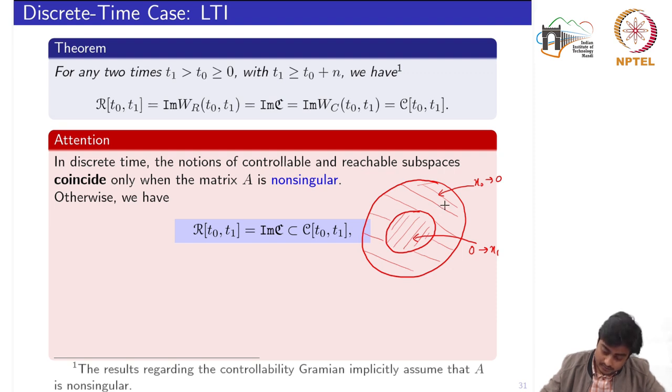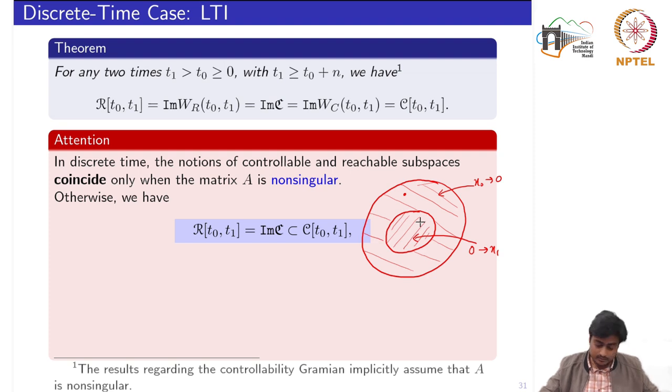So what does it tell us? If I pick any point here, there are some states starting from which I can go to the origin, but starting from the origin I cannot go to these points, because they are out of this subspace.